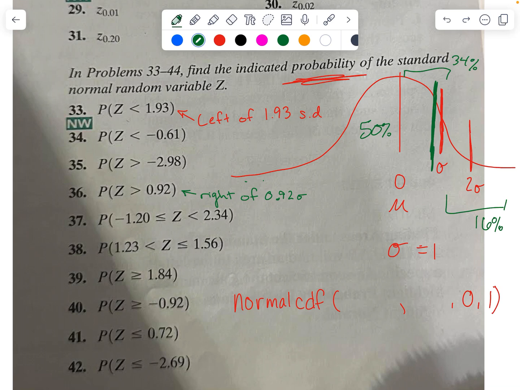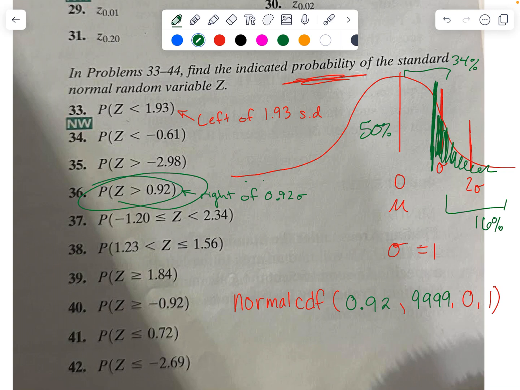So what do I do? Well, if I'm going to the right-hand side, my lower bound is 0.92. My upper bound is infinity. And if I type that into my calculator, 0.92, comma, infinity, 0 is my mean, my standard deviation is 1. I'm a little bit more than 16%.